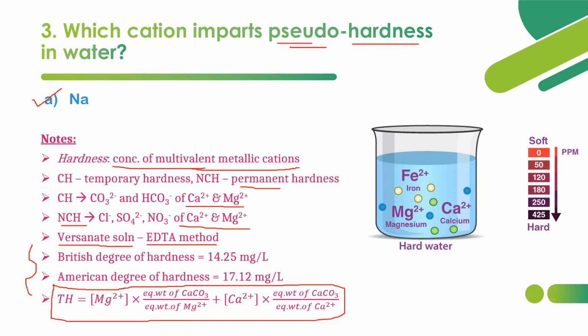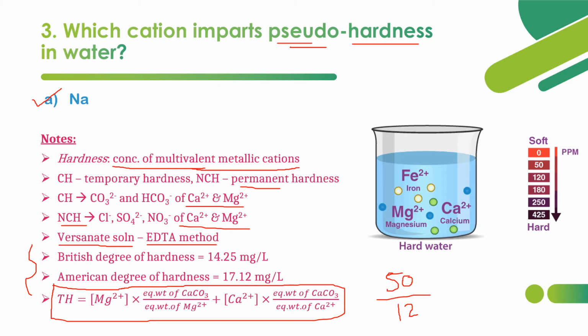Total hardness is equal to Mg2 plus into equivalent weight of CaCO3, which is 50, divided by equivalent weight of Mg2 plus. What is that? It is 12, because Mg atomic weight is 24 and it has two valence, so 24 by 2 gives 12.